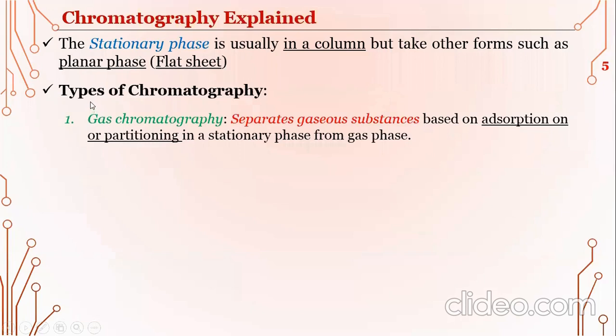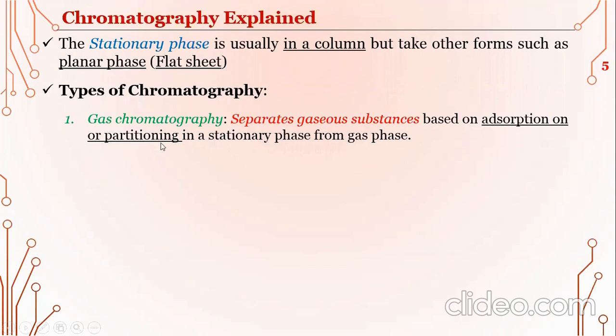There are certain types of chromatography, and these types are very important. You will be hearing about them a lot, and they are very famous. The first type is gas chromatography. Gas chromatography separates gaseous substances based on adsorption or partitioning.